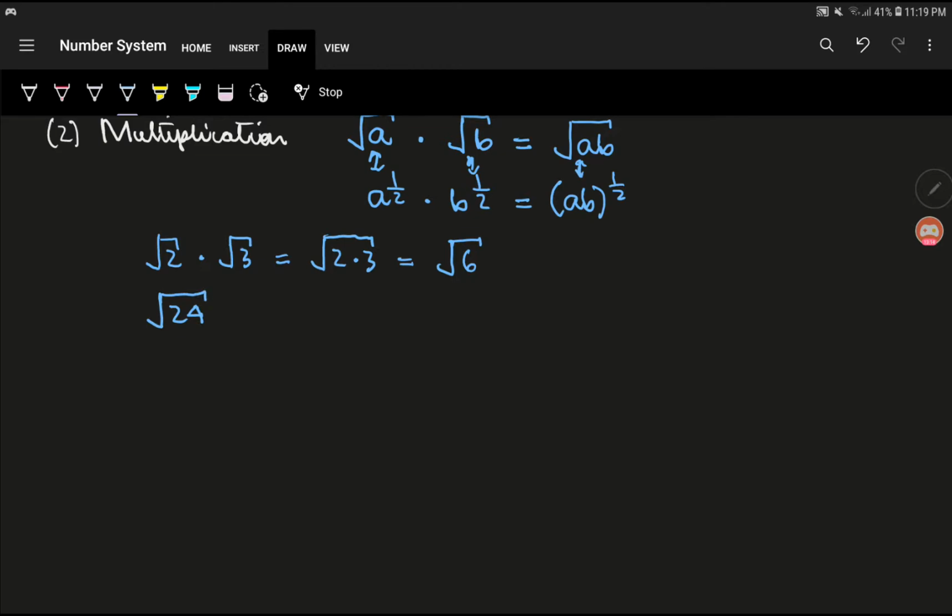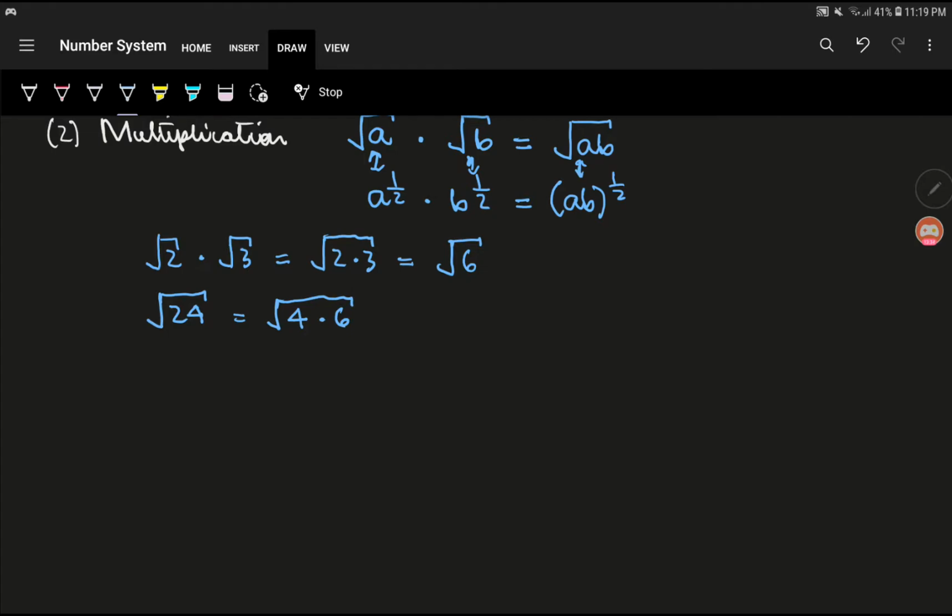We know that 24 is a product of two numbers. There are many possible factors of 24, so I take this example. We have 4 multiply 6.